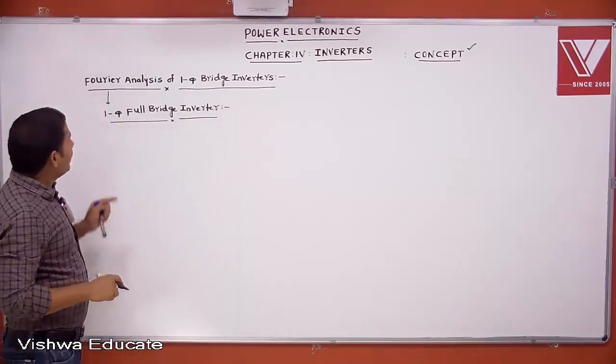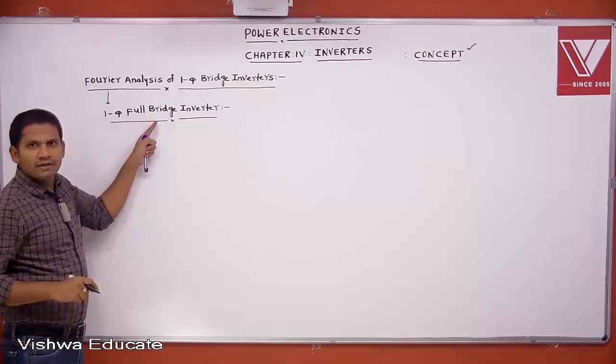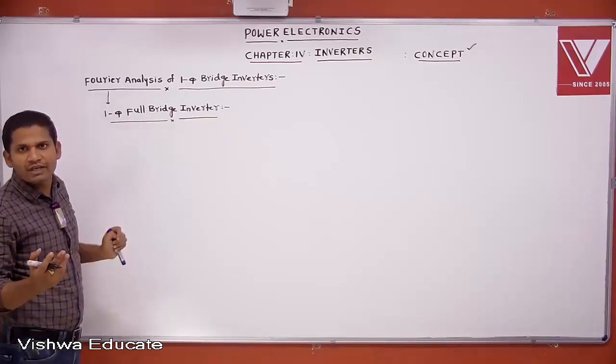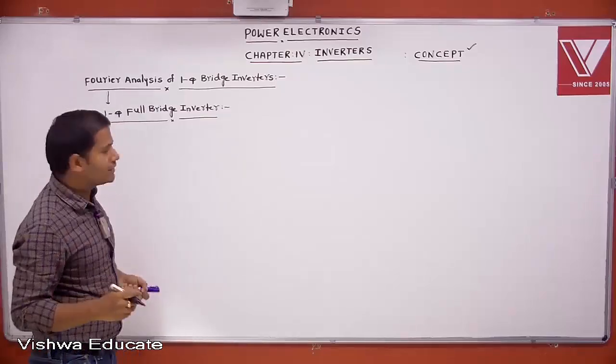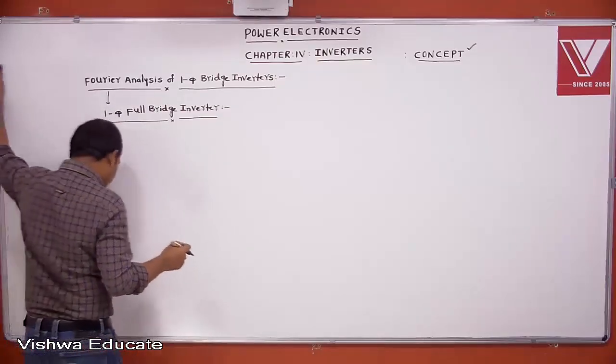Yes, first we'll start with single phase full bridge inverter. In these formulas you replace Vs by Vs/2, then we can get Fourier analysis for half bridge. That's the only difference. Okay, we know that.